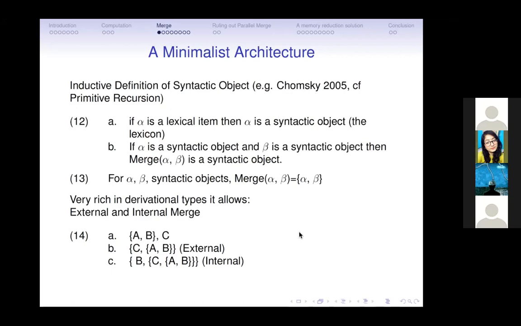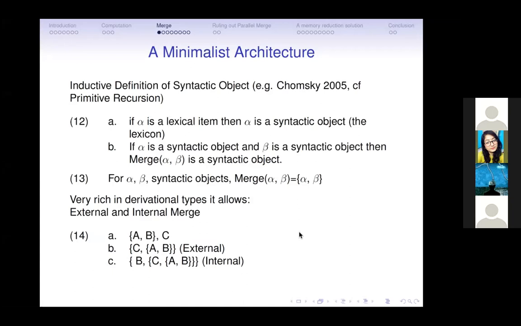The merge of these two things is just the set containing them. Now, from this very simple definition, you can see it's a computational definition, right? It actually gives you a very rich set of derivational types. It gives you a rich set of objects, of expressions. So it gives you what Chomsky calls external merge. Have a look at 14a here. We've got some A and B that we've already built using merge, and we've got some C. Now A and B is a syntactic object, C is a syntactic object.